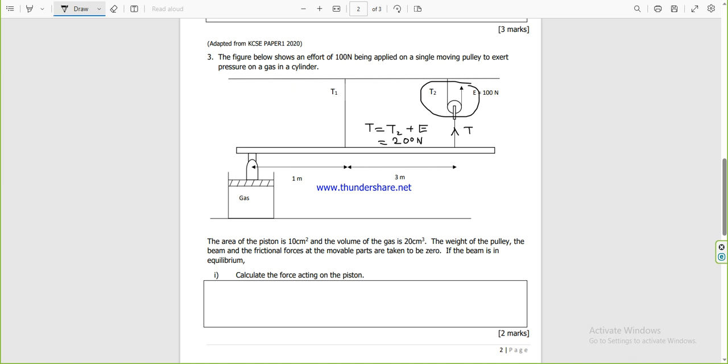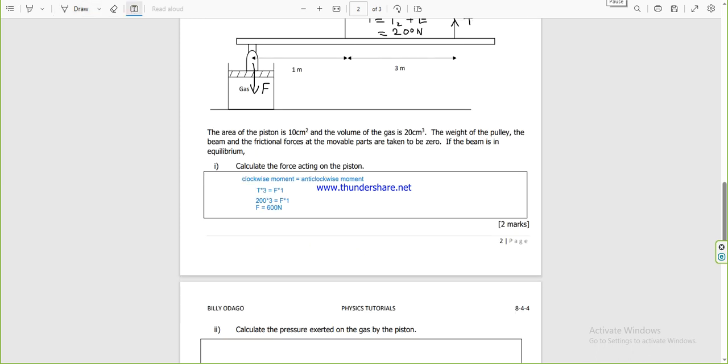We can then use this to find the force that is acting at the piston. Since the beam is in equilibrium, we are going to apply the principle of moments, which states that the sum of clockwise moments equals the sum of anticlockwise moments.